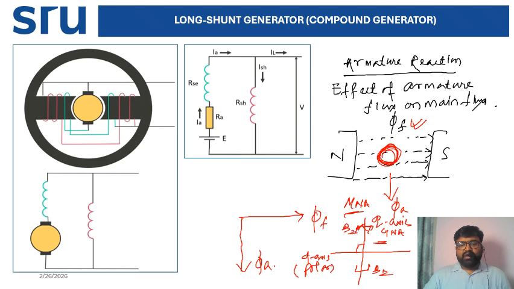Now, due to armature reaction, the field flux direction is not properly horizontal. It will be like this, giving a resultant flux. Due to this, the MNA position is changed to this position with an angle theta.